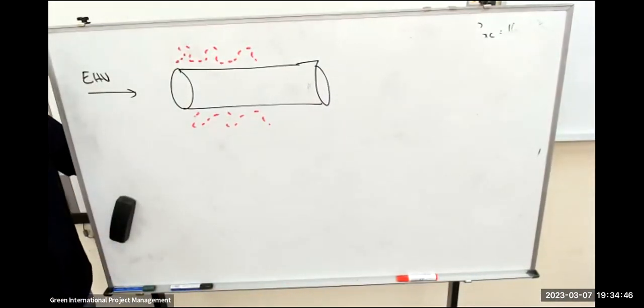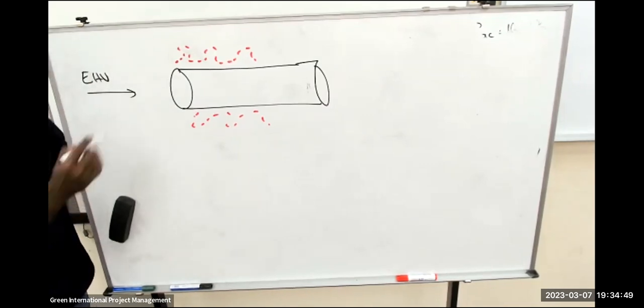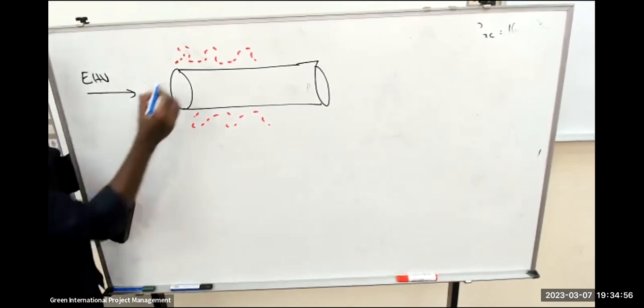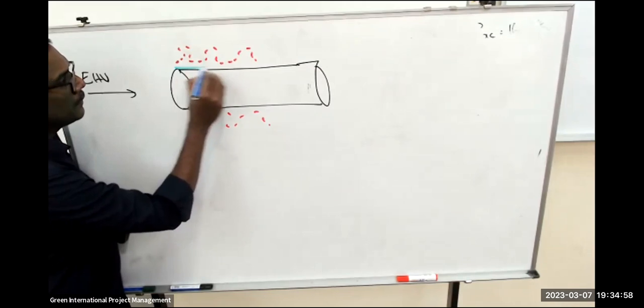The air surrounding the conductor becomes ionized. Air is a dielectric medium, but ionized air is a conductor. So that's why the area becomes like this.